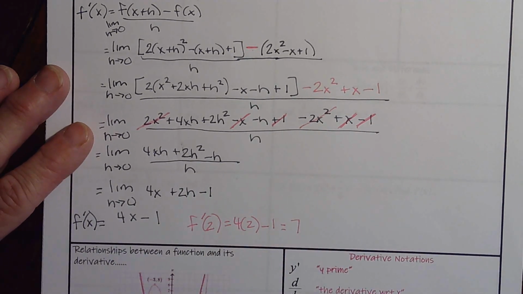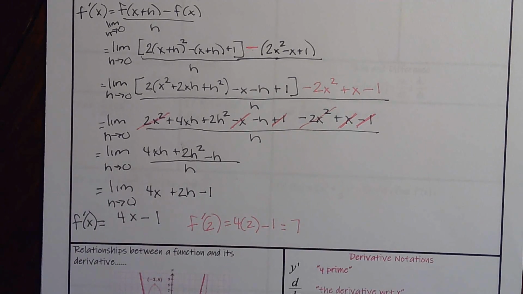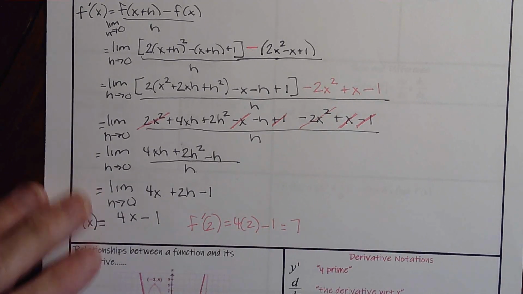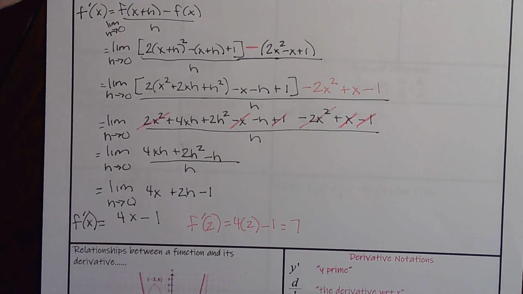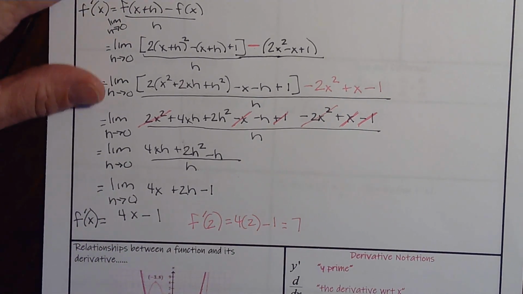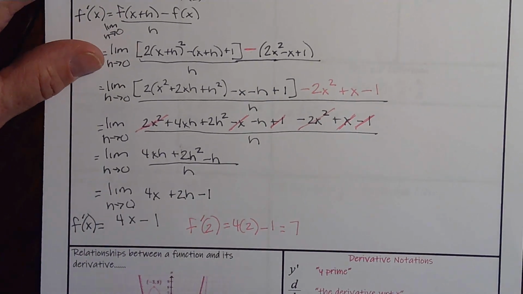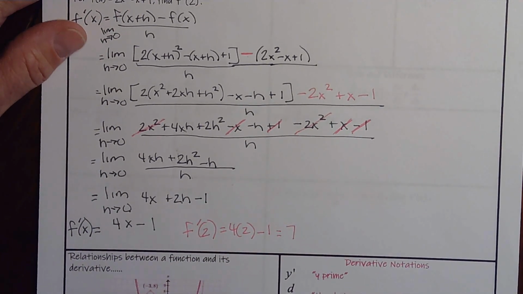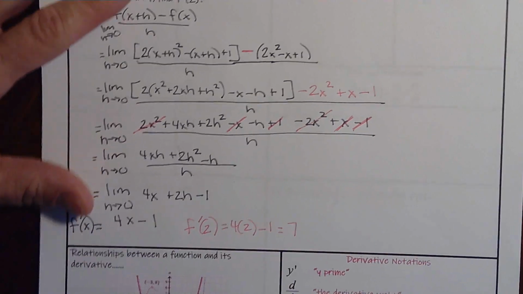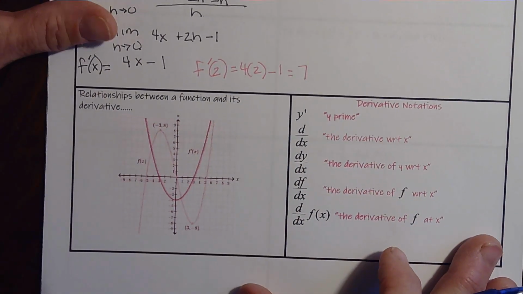All right. So that particular approach was just as easy as anything. So using the definition of derivatives allows you to find the slope of a tangent line at any given point on the curve.